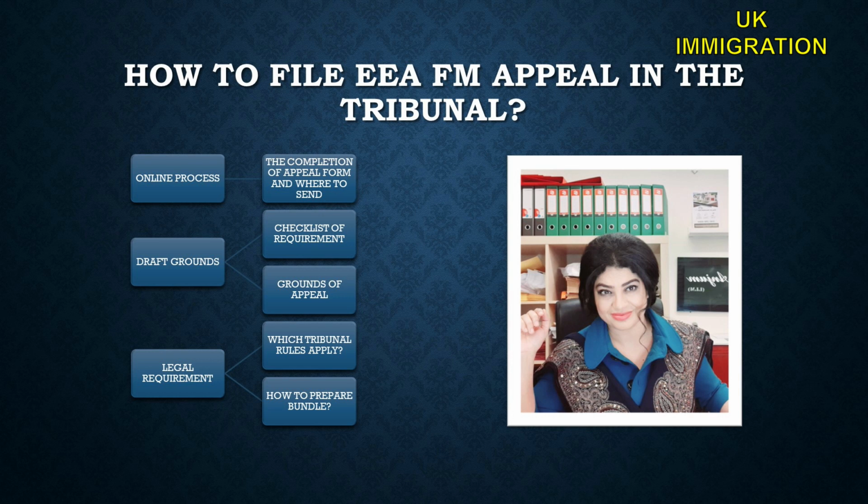The fourth one is going to be to prove your relationship, FRC, your birth certificate, and also how the EEA National will be able to support you financially, how they will be able to provide you accommodation. For accommodation purposes, you need to enclose the property report, and also you need to enclose their title deed or tenancy agreement. This is very important.